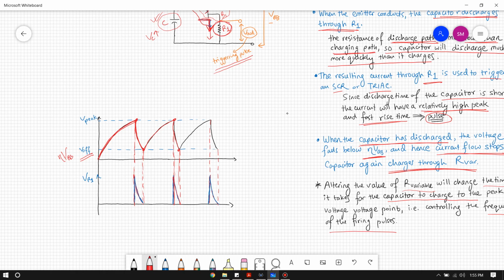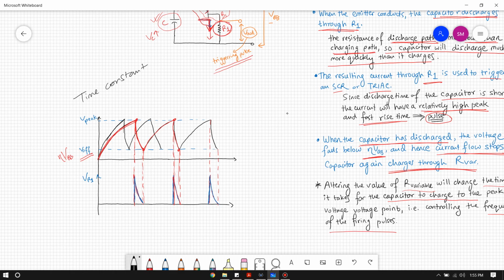Now, what I said previously, if we change the value of the resistance, we can control the frequency of the pulses. That is associated with the time constant of our capacitor. So, for example, we can make it so that the capacitor charges faster, right? And if it charges faster, the discharge time won't change. So the discharge will be the same, and then it will charge again, and the discharge will be the same.